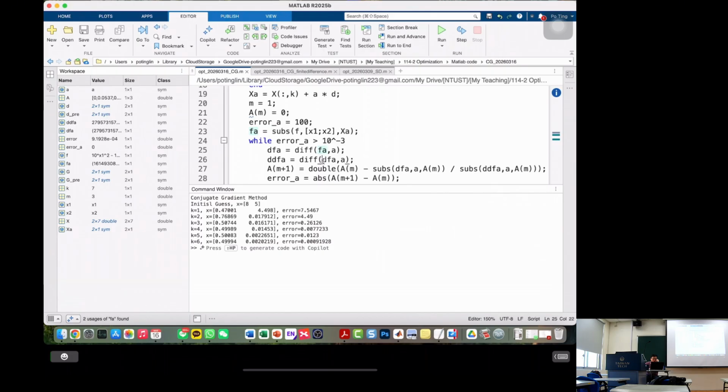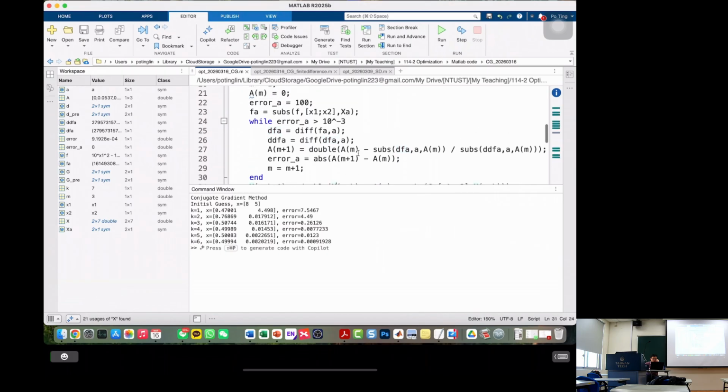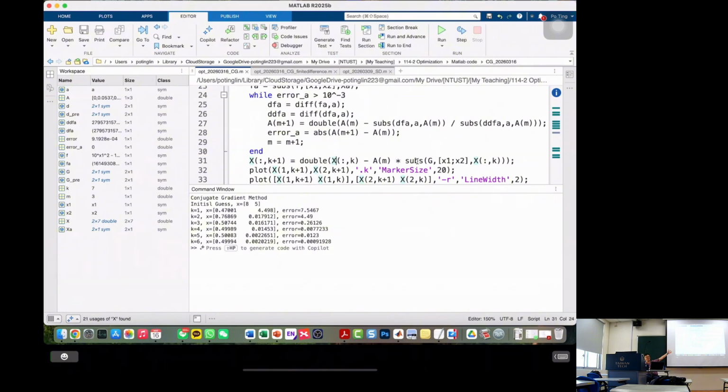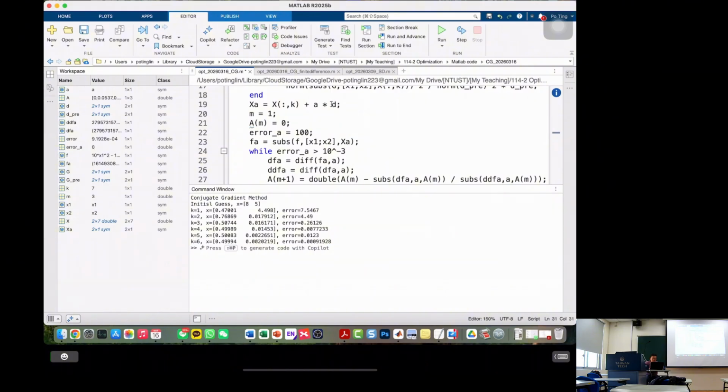Here, I didn't update the most important equation right here. It is still performing steepest descent. That's why I feel like it's not improved much. I should multiply D. Yes.